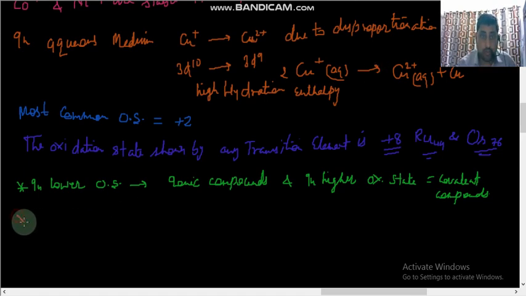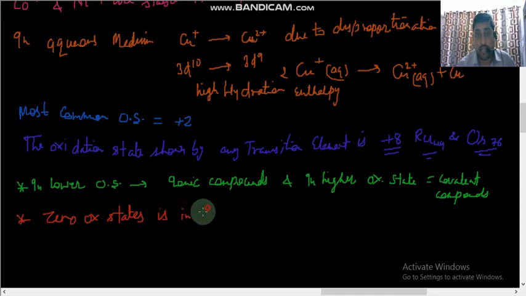They also show zero oxidation state. Zero oxidation state is found in carbonyl compounds, carbonyls, okay, like nickel carbonyl complex.